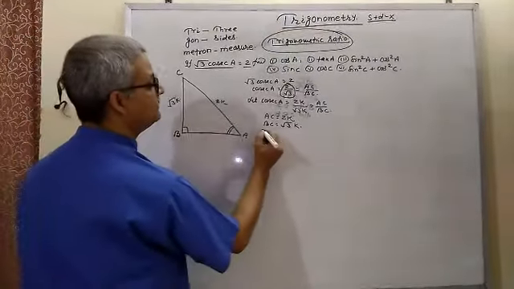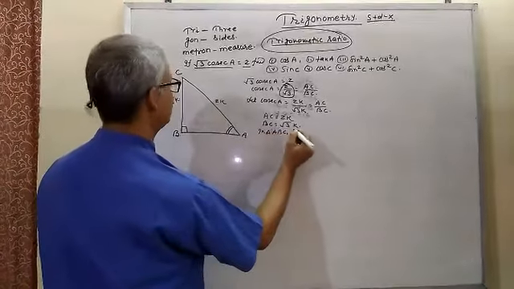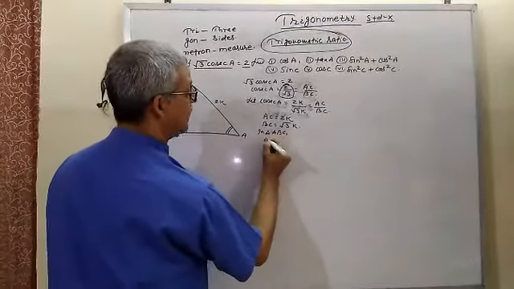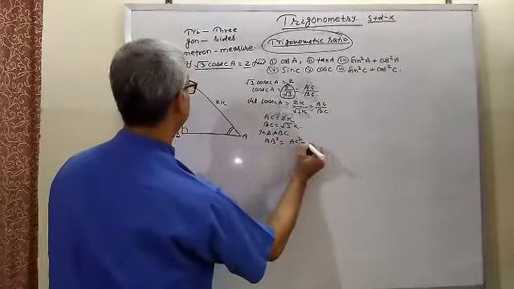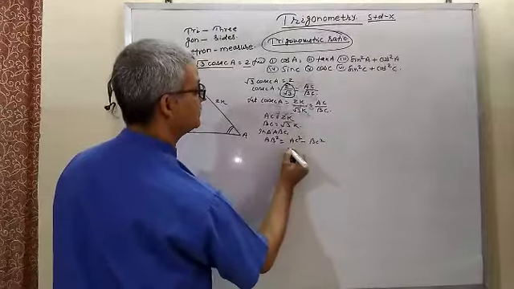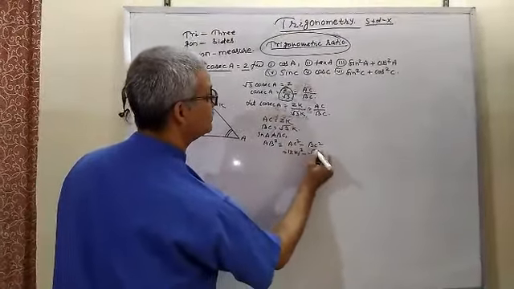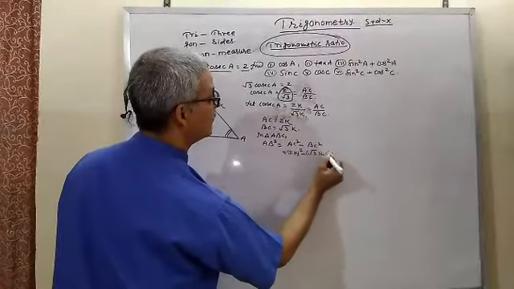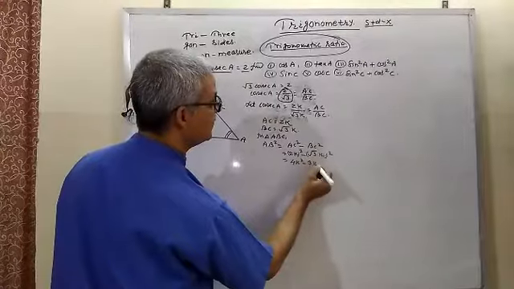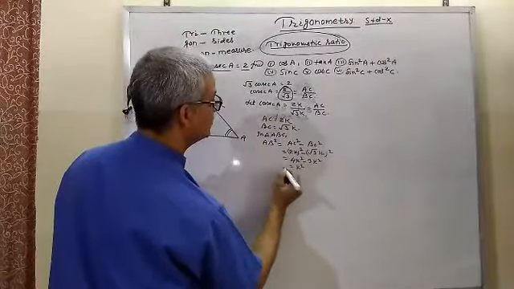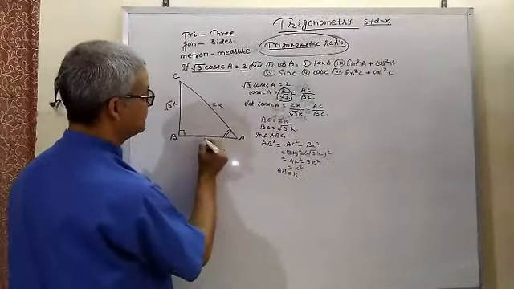So in triangle ABC, AB square is equal to AC square minus BC square. That is 2k whole square minus root 3k whole square. That is 4k square minus 3k square, that is k square. So AB is equal to k. So this value becomes k.